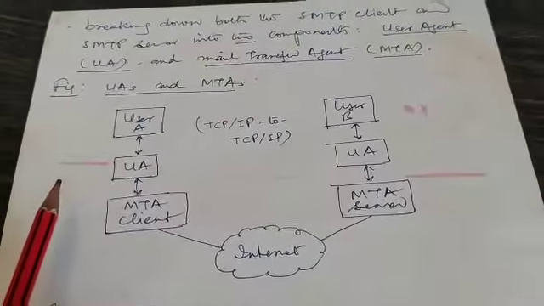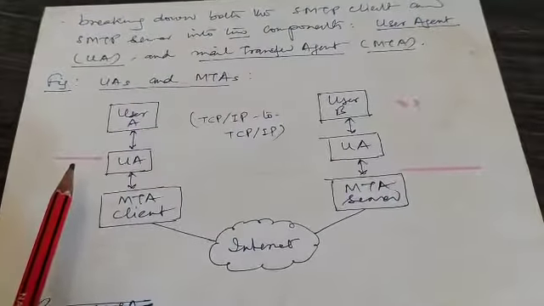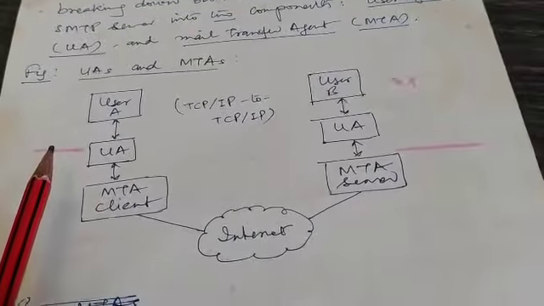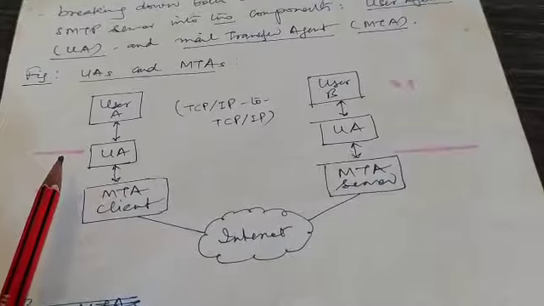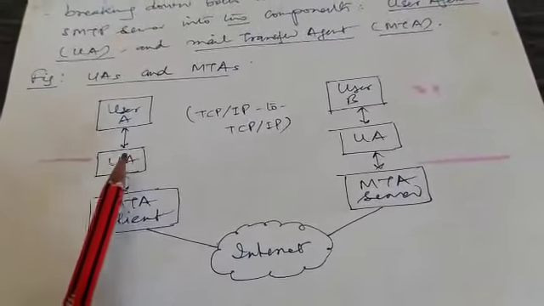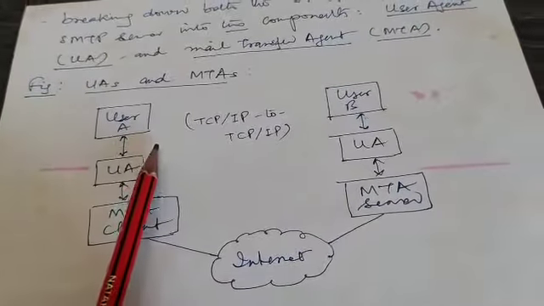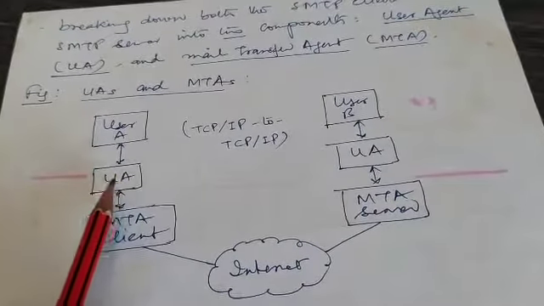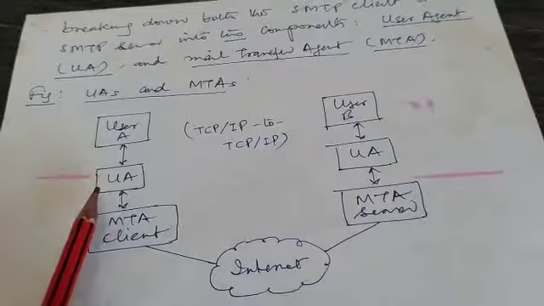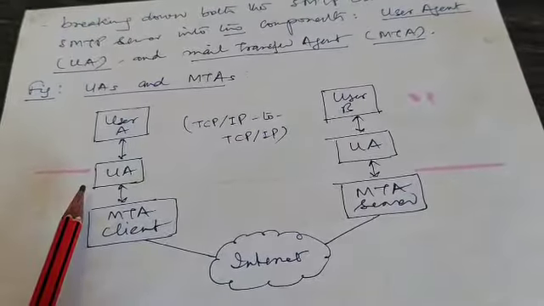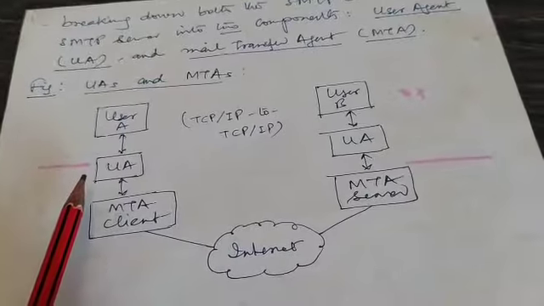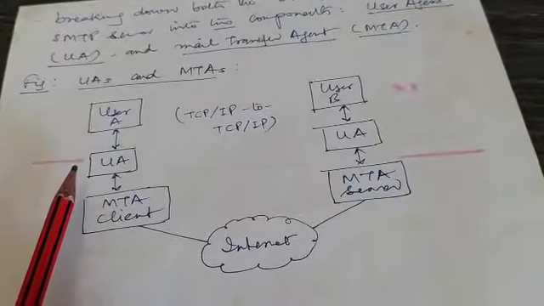So now let us see what actually this UA and MTA mean, for what purpose they are. The role of UA can be seen. The basic purpose of the UA, the user agent, is to provide a user friendly interface to the users for the purpose of email communication.